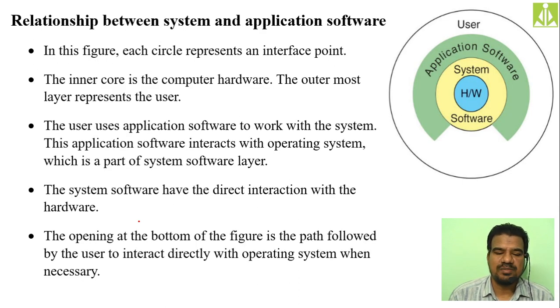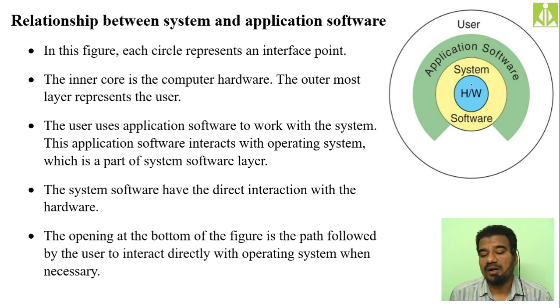Then if you see the relationship between the system software, application software, the user and the hardware, here I can represent the complete thing with the help of this simple figure. Here we are having different layers in this picture.